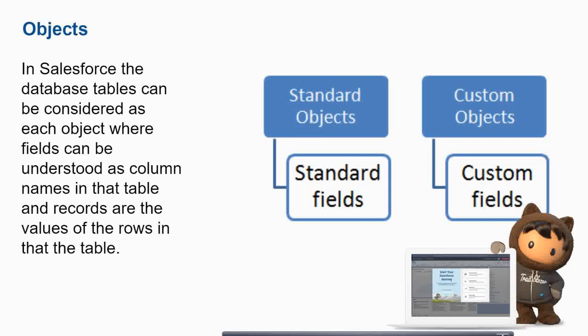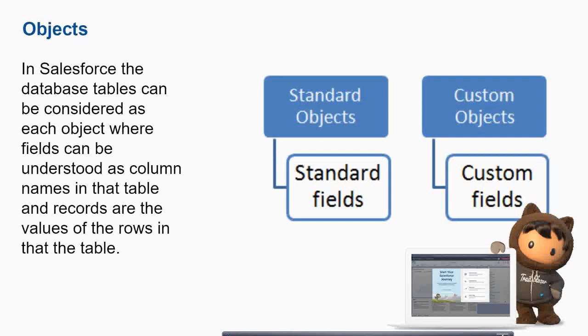You can compare it to an application, where an object is like a table inside a database, and the fields are the columns. So the objects are the tables and the fields are the column names of the table.